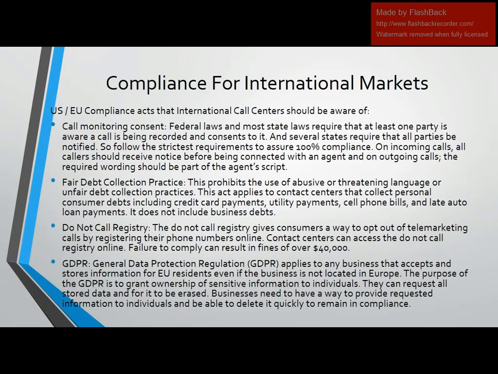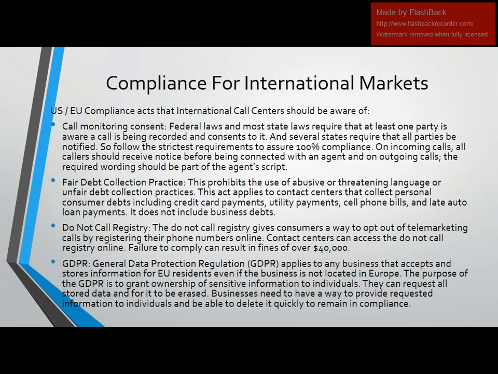And several states require that all parties be notified. So, follow the strict requirements to assure 100% compliance. On incoming calls, all callers should receive notice before being connected with an agent, and on outgoing calls, the required wording should be part of the agent script.